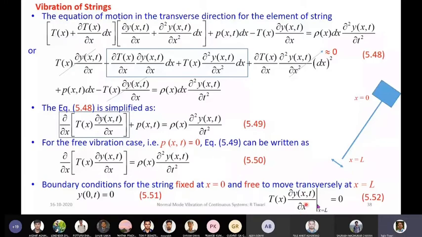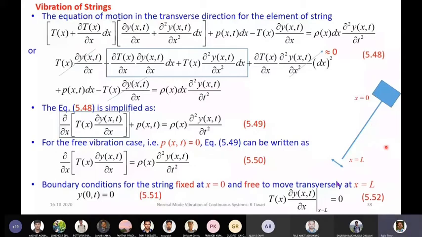This will be 0, so at the free end this component should be 0. Tension will be there in between because of the weight or whatever, but here it will be 0. Like if it is hanging, maximum tension will be at the top because of the weight, and as we go along to the free end, there will not be any tension in the string. So there is no force component in the transverse direction because of this load. There is one example I have given.